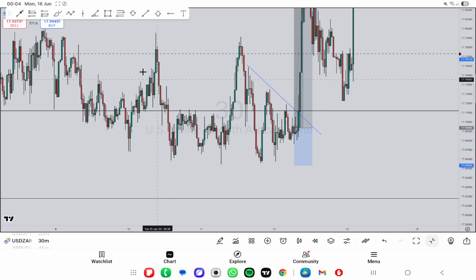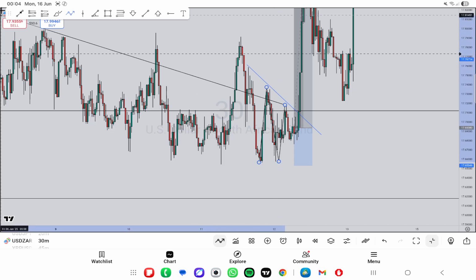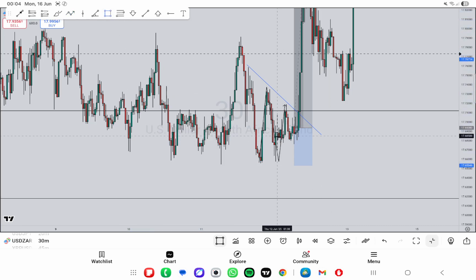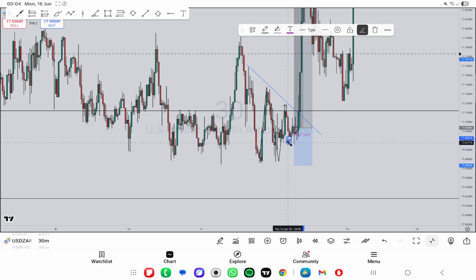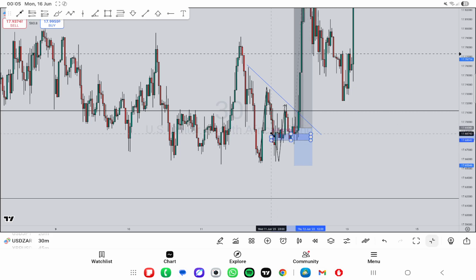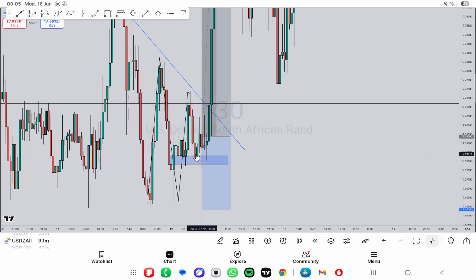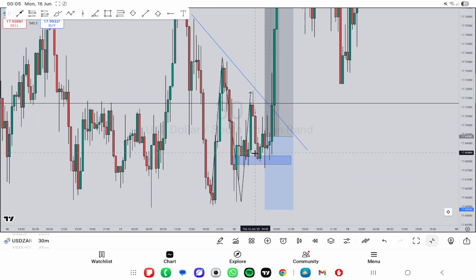So pretty much I saw the market structure, higher high, then this, then here. Once the market came down here, I was looking at this to see if it was going to break, but it did not. I was trying to see if I was going to get a break here, but then it did not.